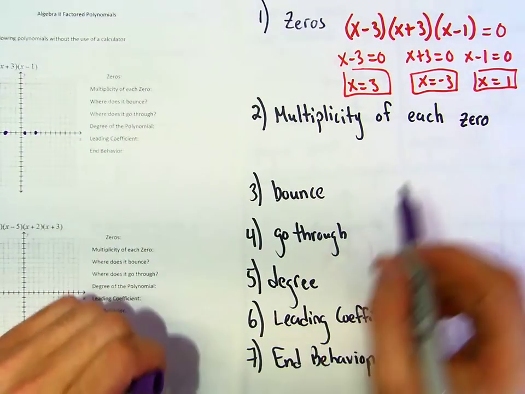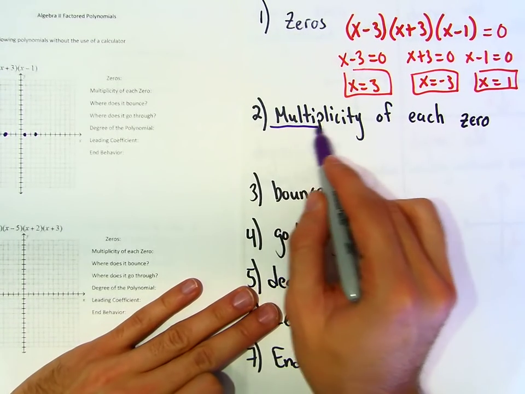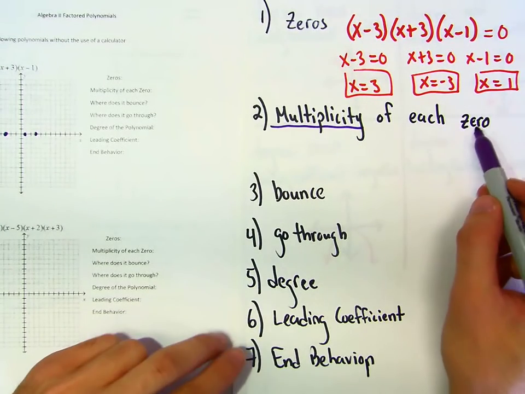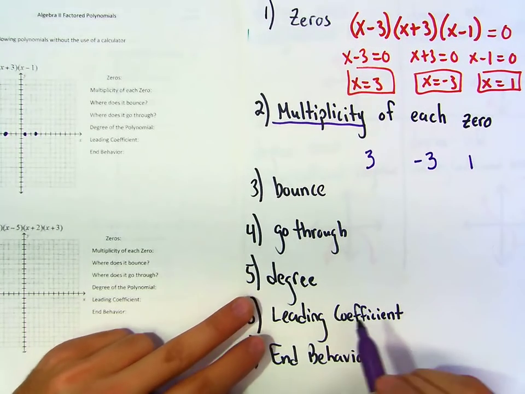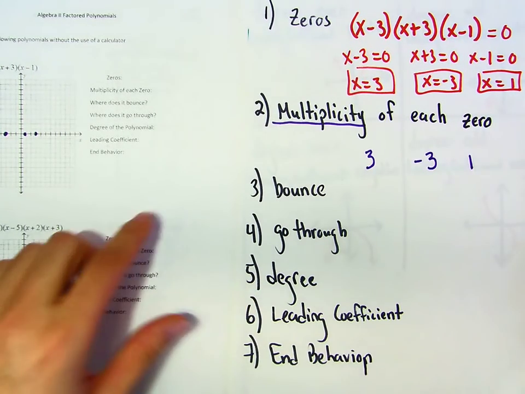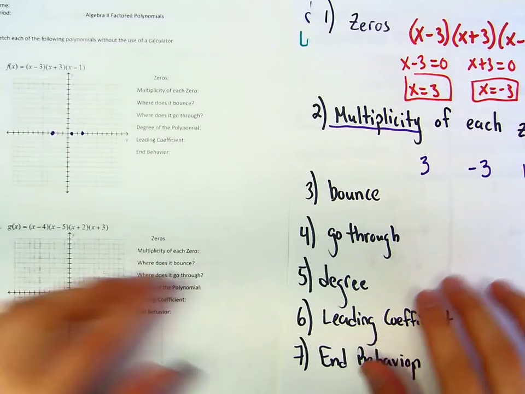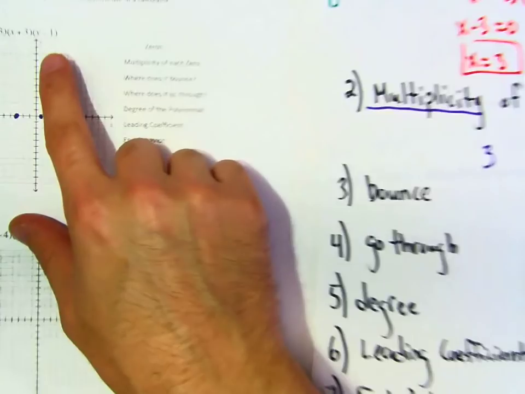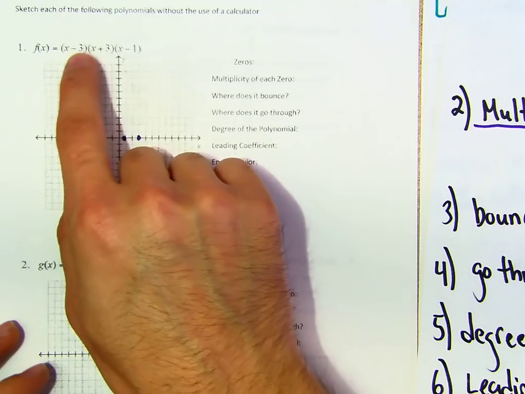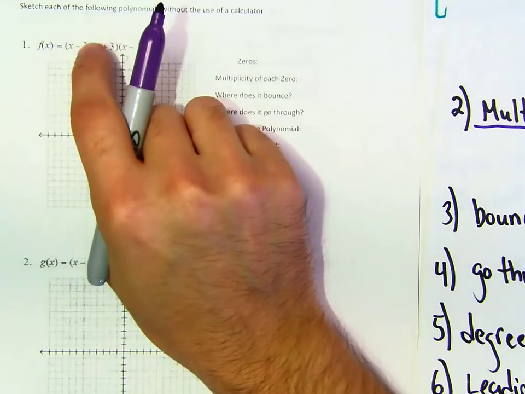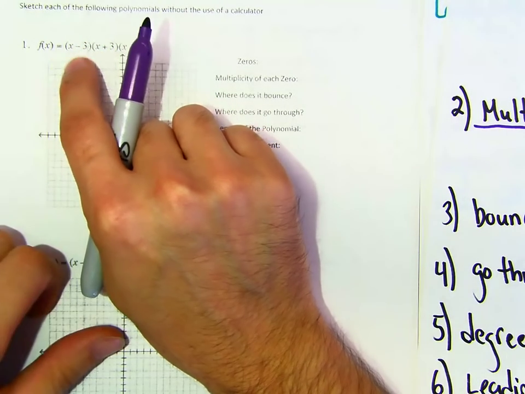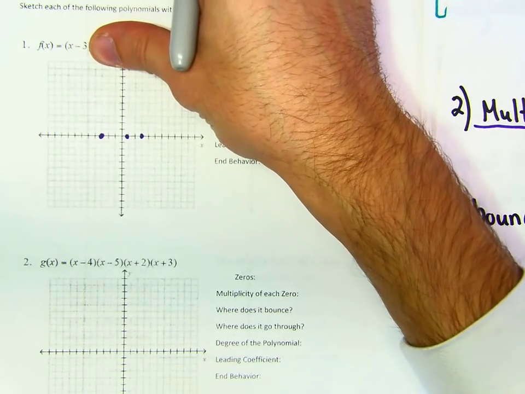Now let's look at the multiplicity of each zero. My zeros are 3, negative 3, and 1. What the multiplicities are talking about is the exponent of each factor in this part of my polynomial. For x minus 3, what's the exponent?